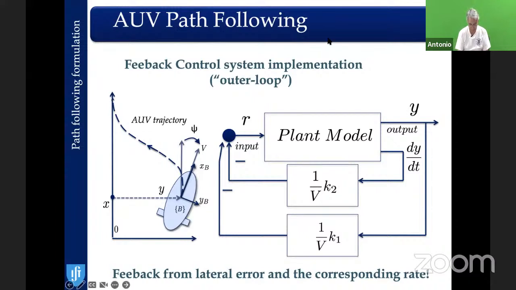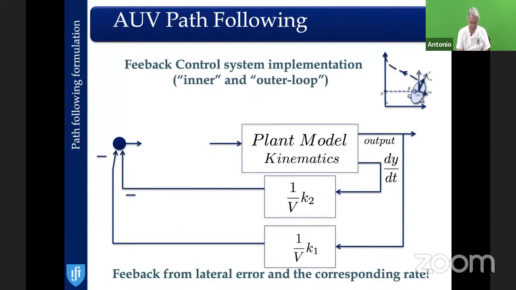So you have the plant model, you have Y, you measure with GPS, you do an approximate derivative of the GPS signal, and you get dy/dt. You do this feedback, and this works like a charm. So you are having feedback from the lateral error and the corresponding rate, and it's a great control law. It's physically based, you see.